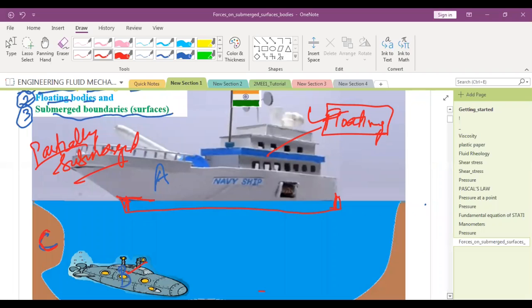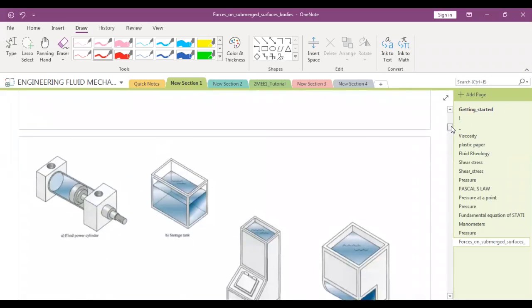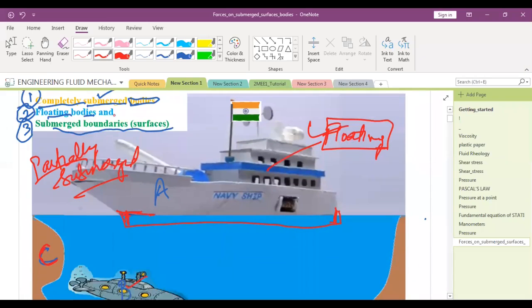Now let me know what these are. As of today, we will be doing this category, that is submerged boundaries or surfaces.